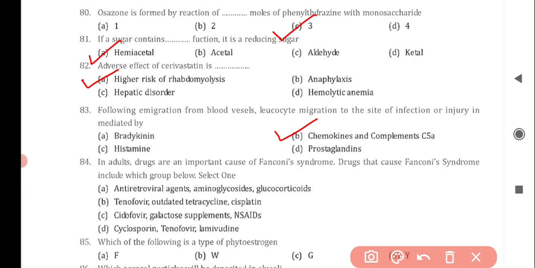Next question is: in adults, drugs are an important cause of Fanconi syndrome. Drugs that cause Fanconi syndrome include which group below? Select one. And the correct answer is option B, that is tenofovir, outdated tetracycline, cisplatin.